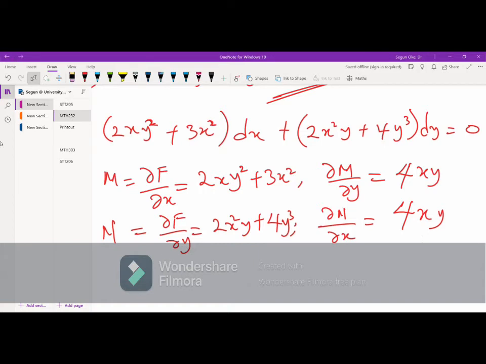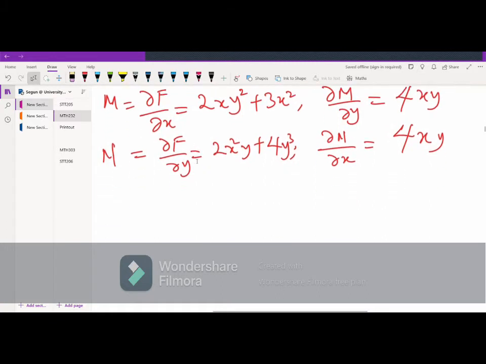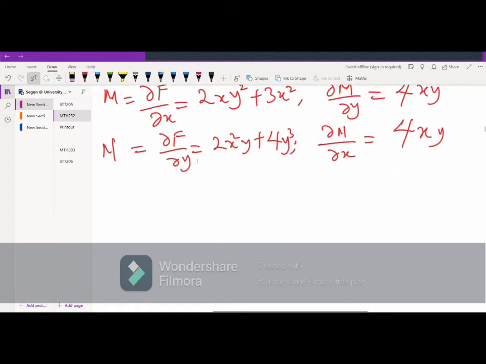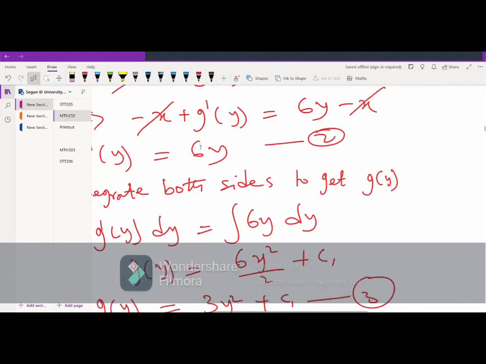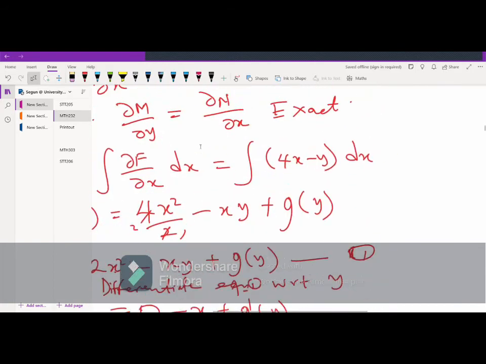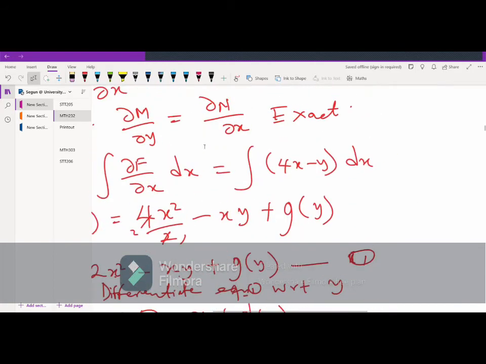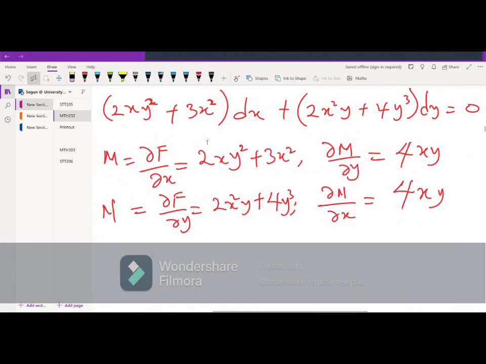So for this one, all we are testing is: is it exact? How do we solve? So let's look at this. Now, I can choose to use another form. Look at this. The first one, it was integrated with respect to what? With x. In this case now, let's integrate with respect to y.